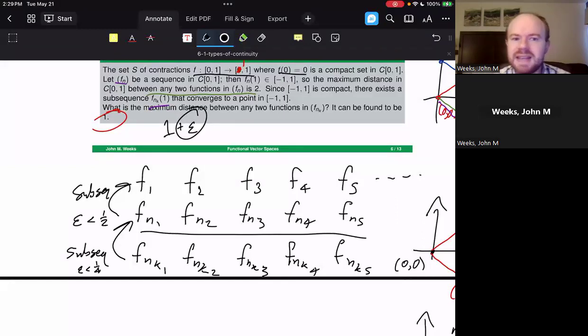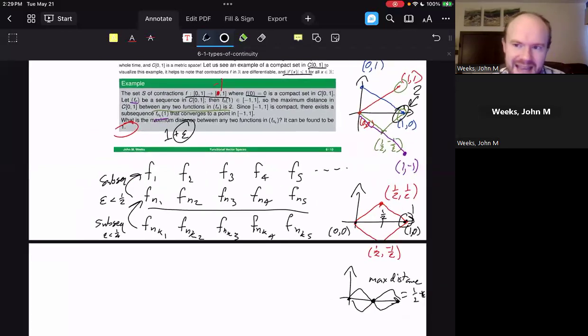So what is the subsequence that I get? Because I can't take a limit of subsequences. That would give me no functions at all, because I'm eventually going to take out every single function. What we end up doing is something called a diagonalization argument, which we'll be emphasizing a little bit next week as well. This diagonalization argument does this.